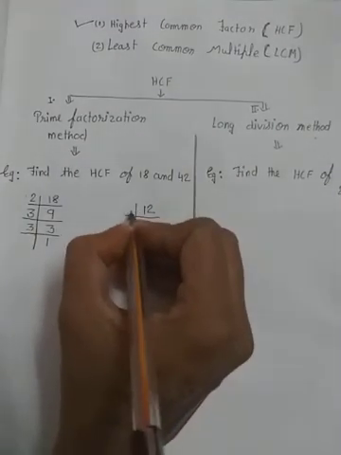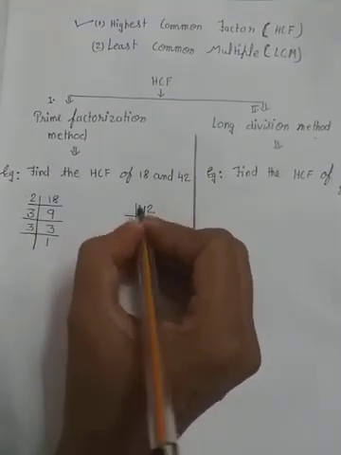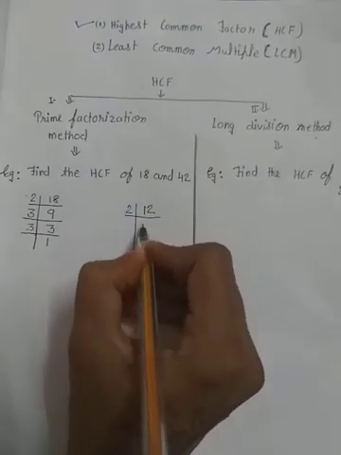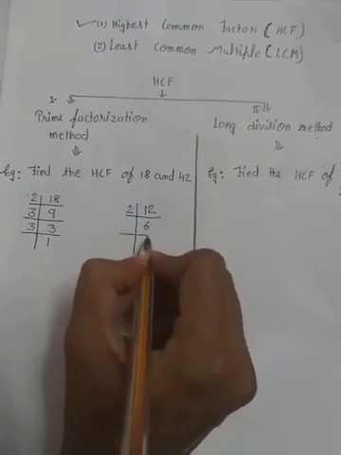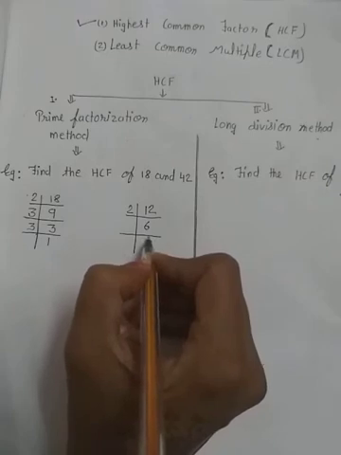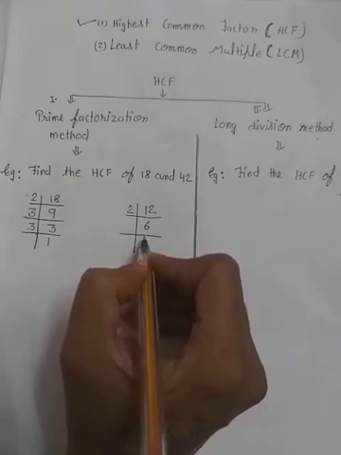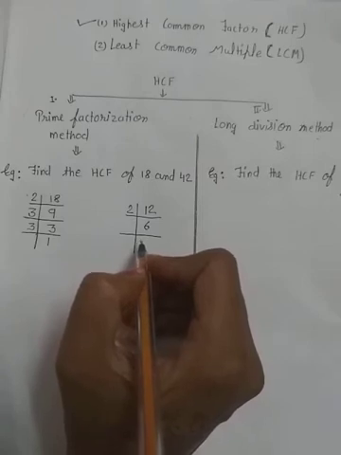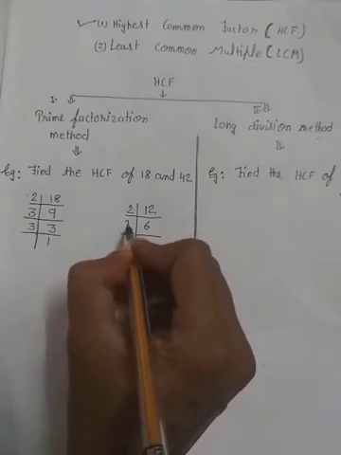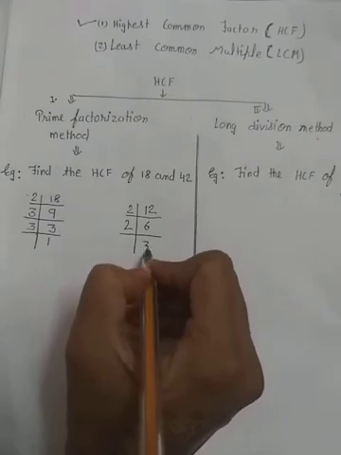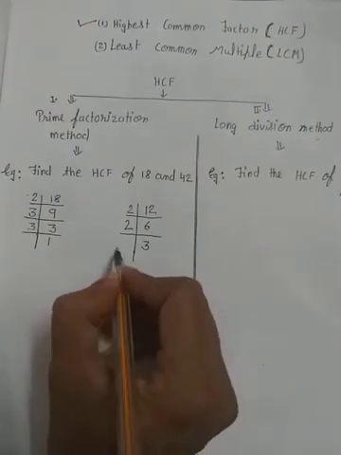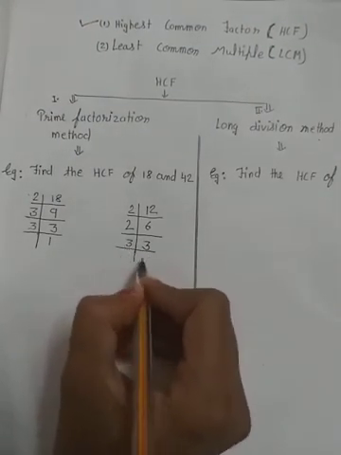Next we have 12. 2 sixes are 12. Can we divide 6 by 2? Yes, we can divide by 2 or 3, but we divide with the smaller number. 2 threes are 6. Next, 3 ones are 3.